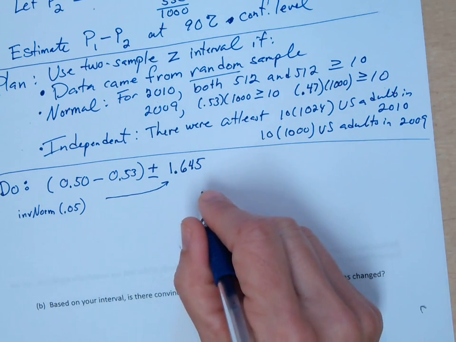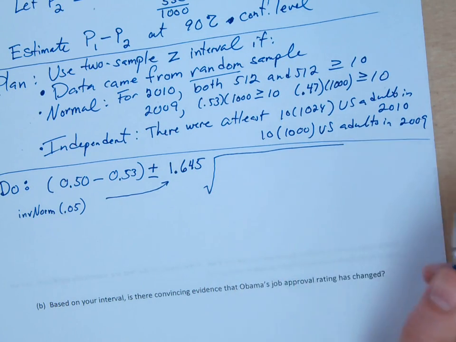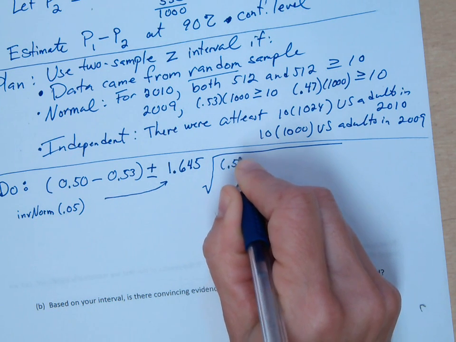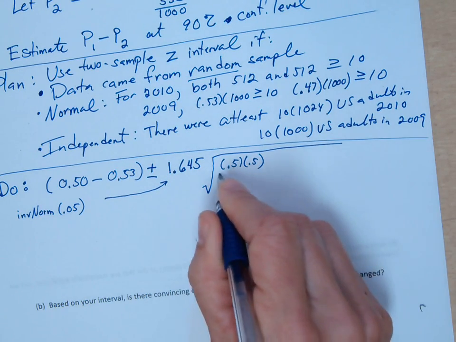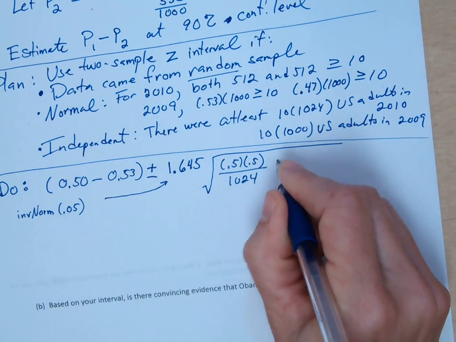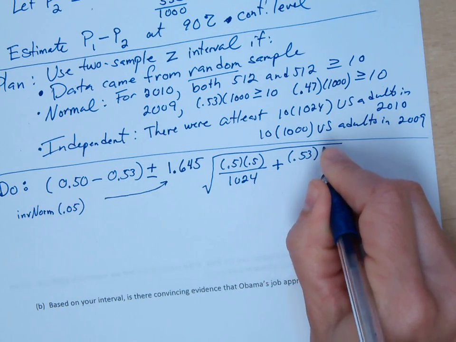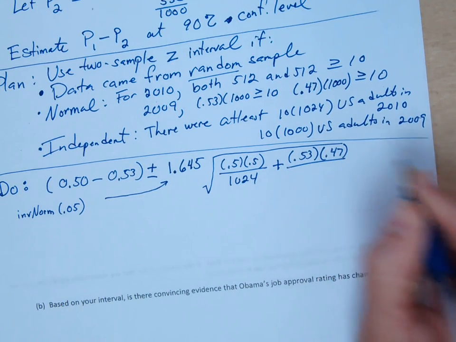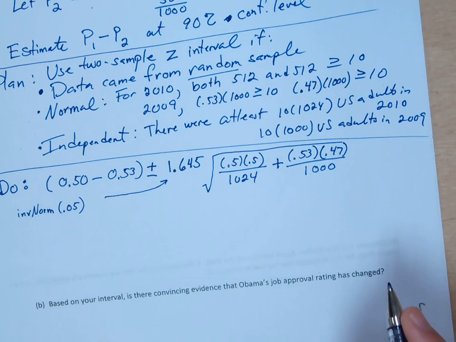And then square root. So what is the standard deviation? Well, so you go like this. For proportion 1, it's 0.5, that's P, 1 minus P is 0.5 times 0.5 over the sample size of 1024. Plus, and then we have 53% was the other proportion times 1 minus P over 1,000 for our sample size.